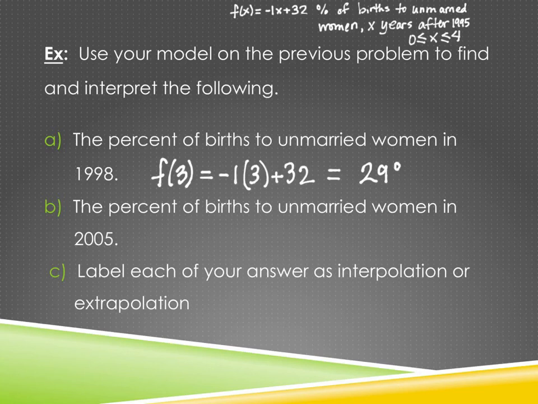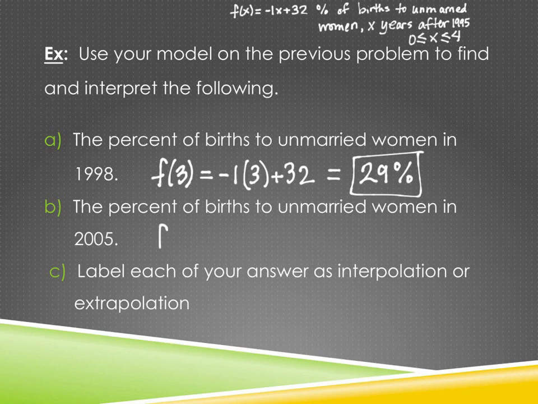Percent. So at the very least, you need percent on there. If you want to be more descriptive and you say percent of births to unmarried women, that's great. But your minimum that you need right there is 29% to answer the question. Not 29, 29%.